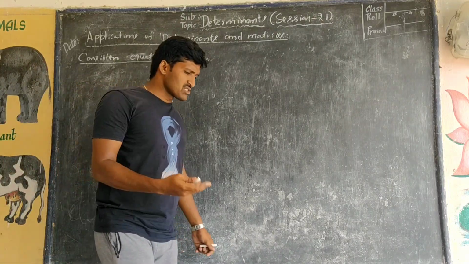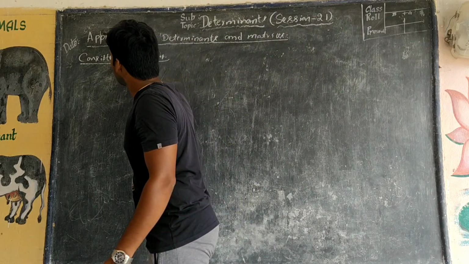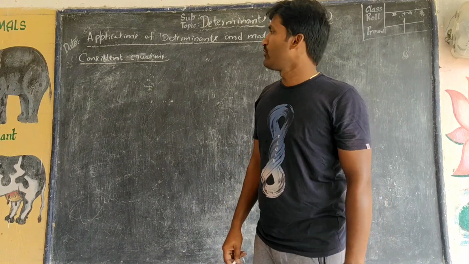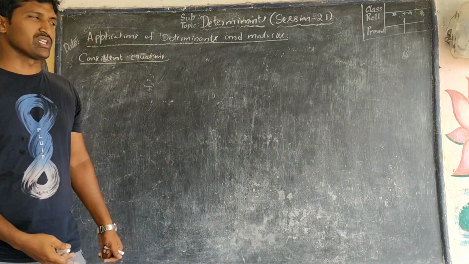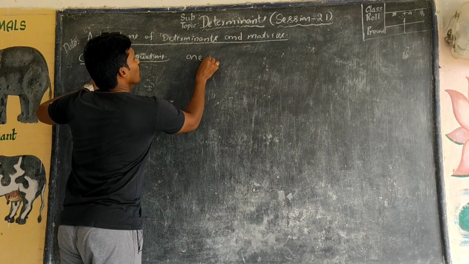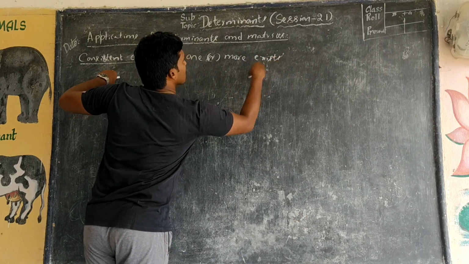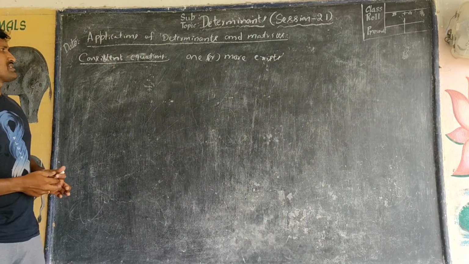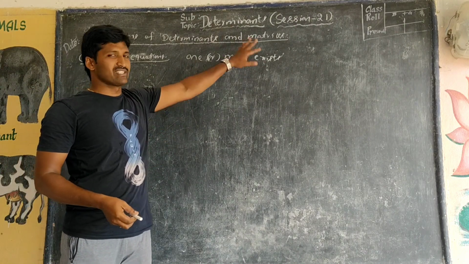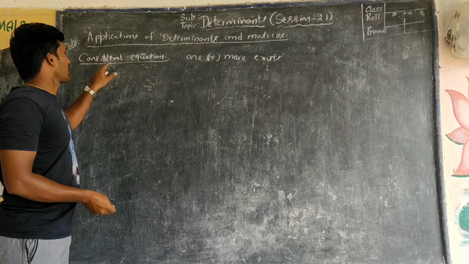The system of equations is said to be consistent if the system has a solution, or one or more solutions exist. One or more means the more can go up to infinity also. That is called consistent equations.